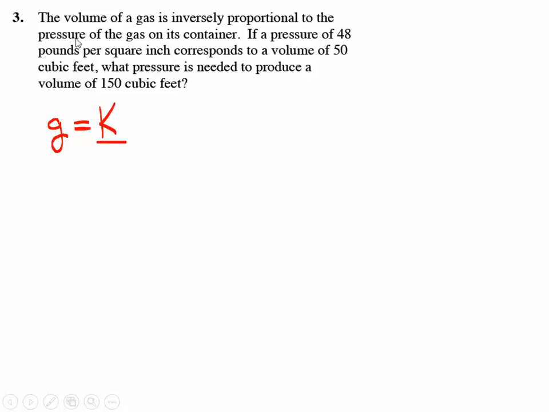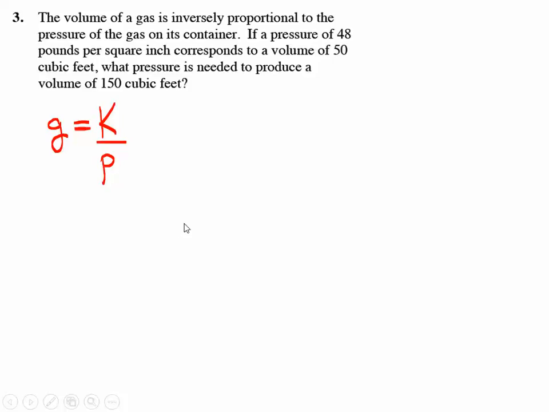So now we're talking about pressure here. So I guess that would be P. Is that right? Does that make sense there? Gas is inversely proportional to the pressure of gas on the container.